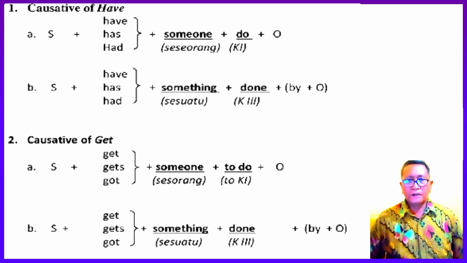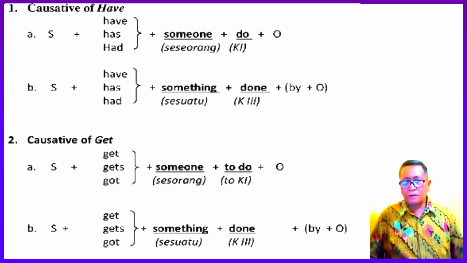In the passive sentence pattern: subject plus get, gets, or got, plus something, plus done, plus by object. By object here is also optional. Done here is the past participle form of a verb referring to the action done by someone.